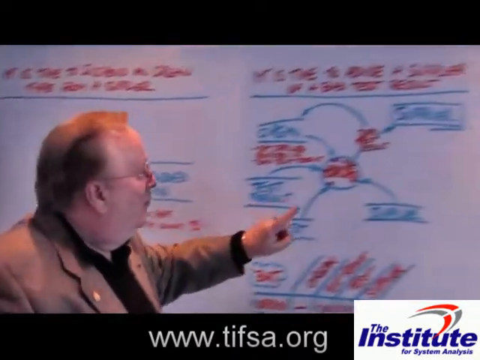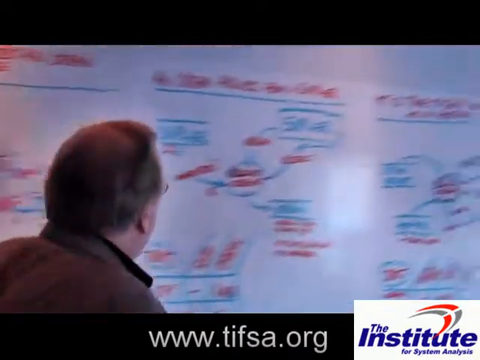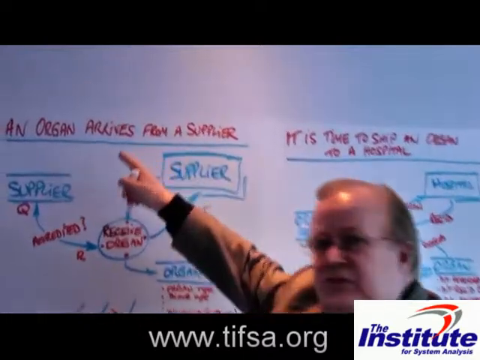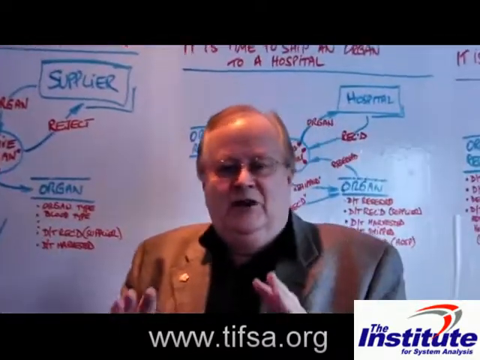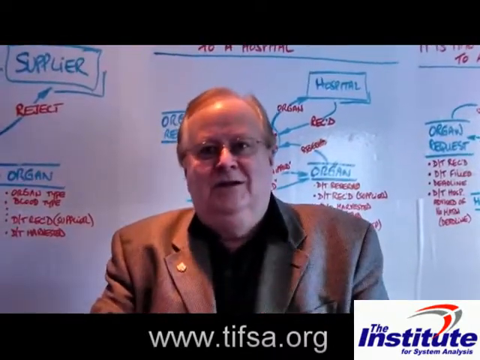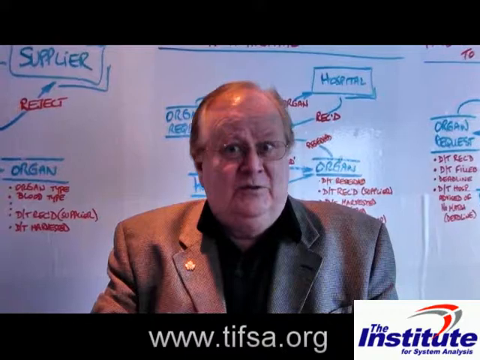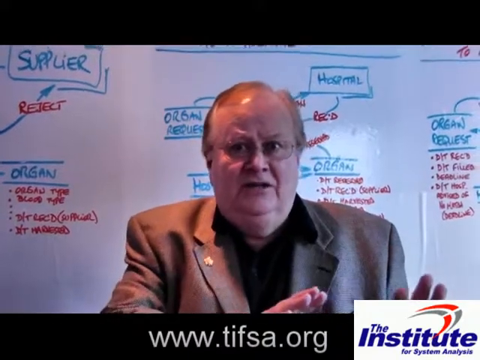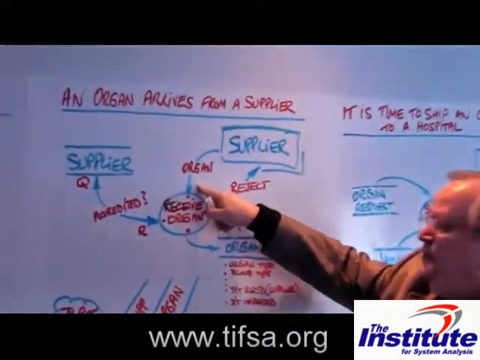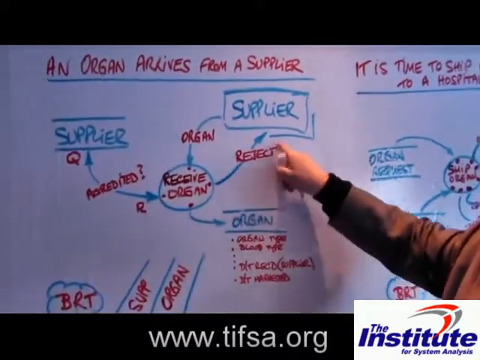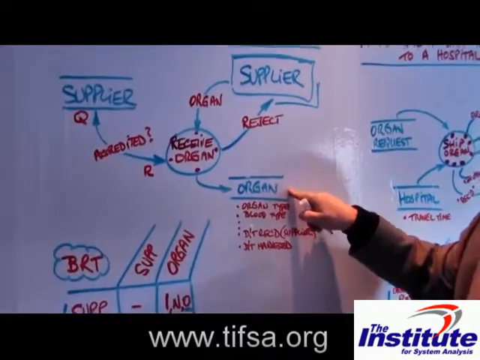If you go over here for a moment, go back to an organ arrives from a supplier. One of the things we have to do is that if a supplier has an organ type suspended, we don't want to accept those organs that have been suspended from the supplier. So if it's a heart that's suspended, we don't want to accept those, but we'll accept their livers and spleens. You see here, when we get the organ from the supplier, we see if they're accredited, of course. If not, we reject it, and we keep track of the organ.